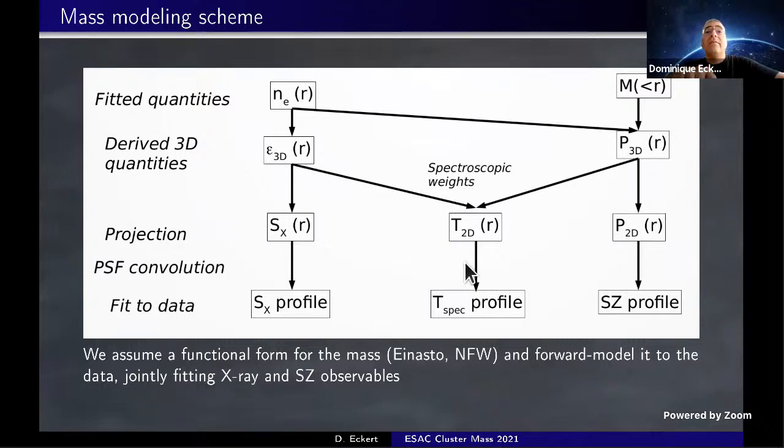Then by combining them, we do a full forward modeling approach where we predict the X-ray surface brightness profile, the X-ray spectroscopic temperature profile, and the SZ Y parameter profile, and we fit all these quantities jointly in order to get back to the mass profile.